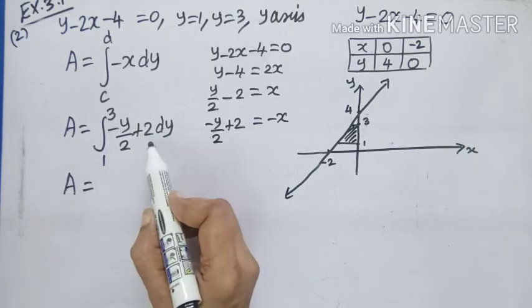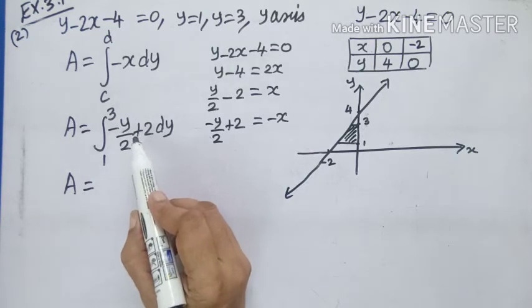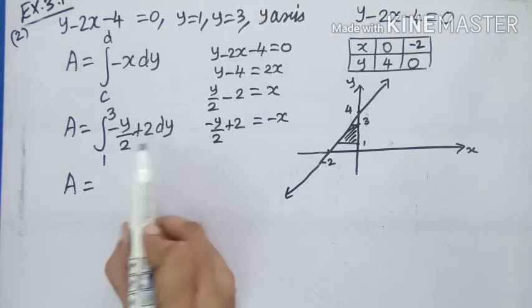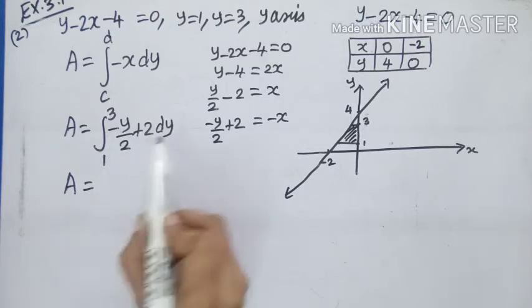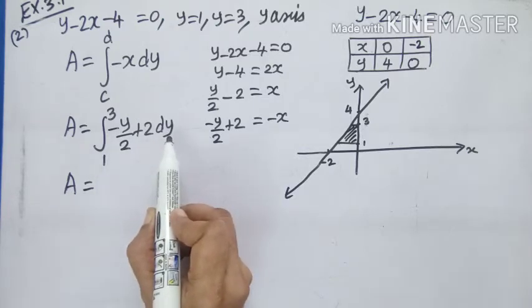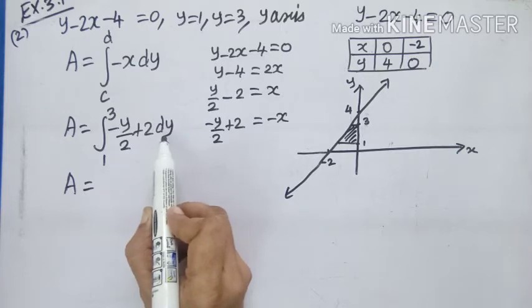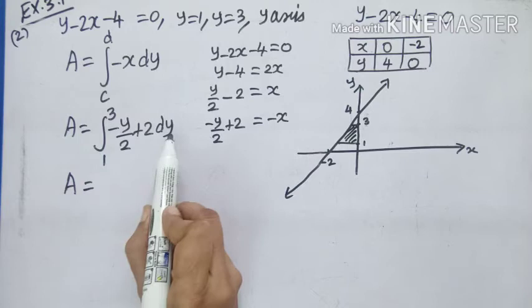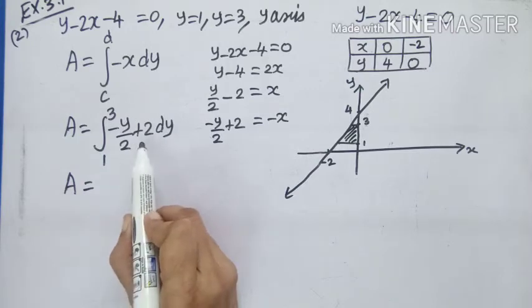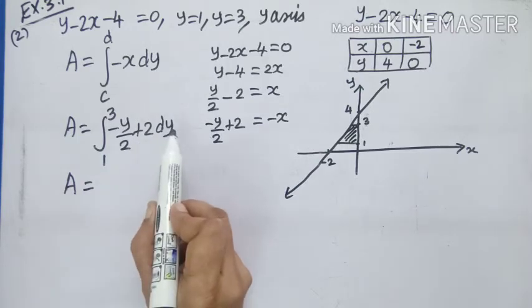Now this is the same as x, but the formula we have to apply is for y. For example, 2 becomes 2x when it is dx in the question. But now what is coming? dy. dy means I am integrating with respect to y. So 2 will become 2y.